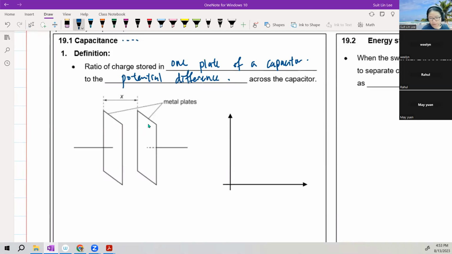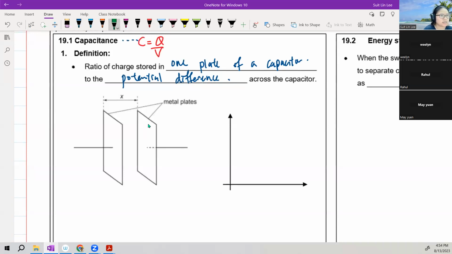Okay. So to build a capacitor, we will need a bunch of parallel plates, okay? And whenever we take the charge stored, we take one plate only. So from here, we can see that capacitance can be defined using the ratio of Q over V. So capacitance C is equal to Q over V.